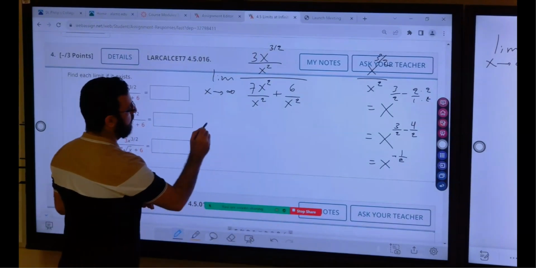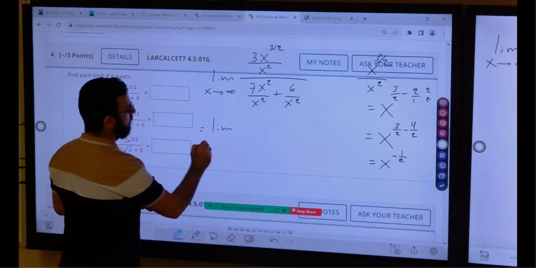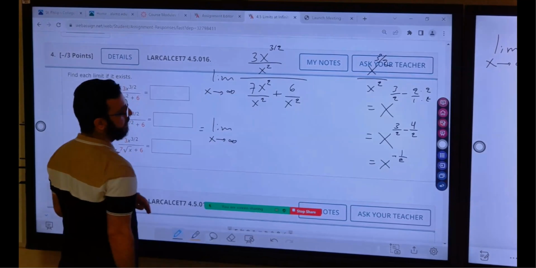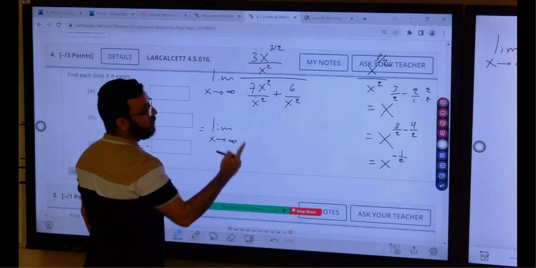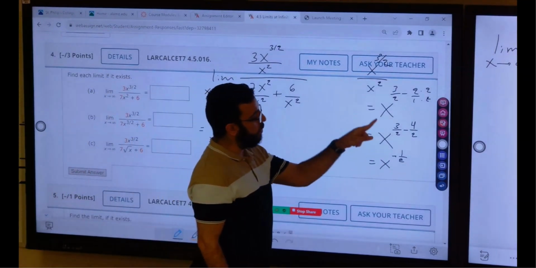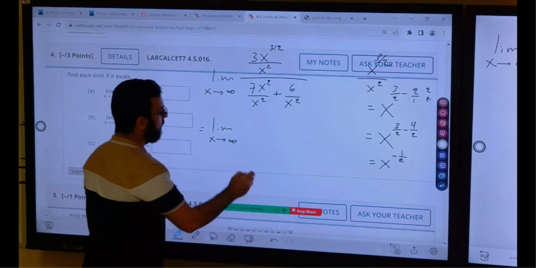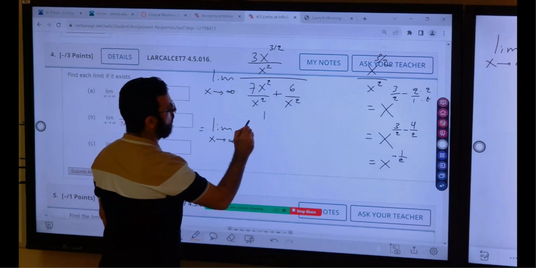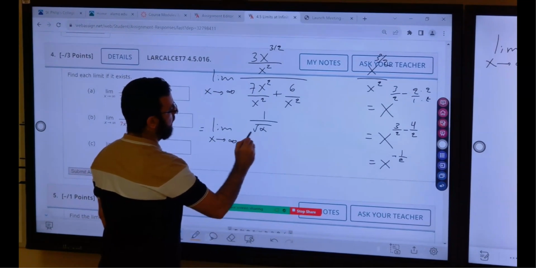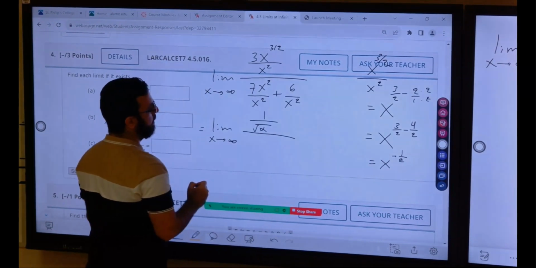Now it's negative 1 over 2 here. That means it's going to be the limit as x approaches infinity. Can I write x to the negative 1 over 2 as 1 over square root of x? That means 1 over square root of x, over what?